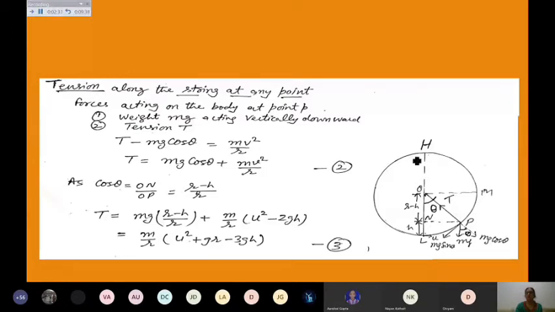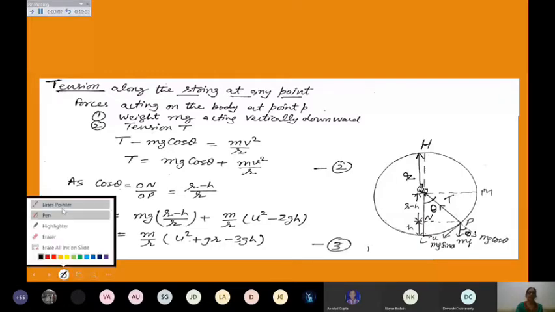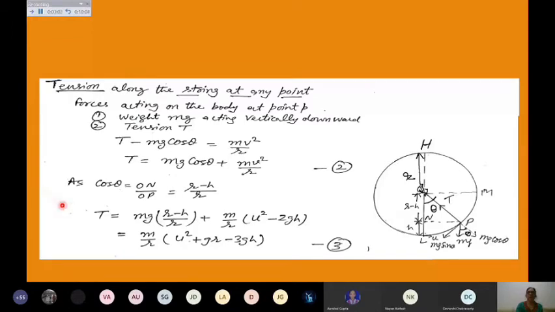This whole distance is your r till the central point. This distance is your r distance. It means r is the radius of the circle. And so this distance will also be r, which is giving me the length of the thread. So I can write the value of cos theta as r minus h divided by r.